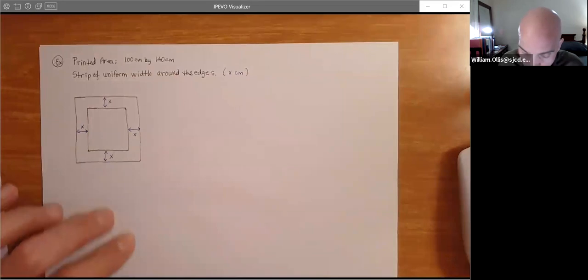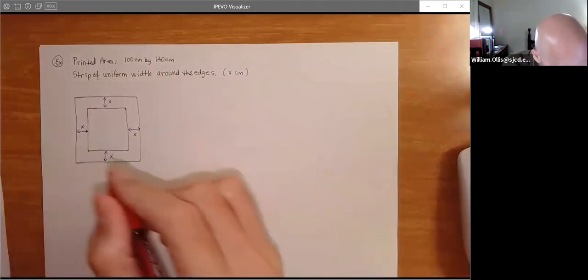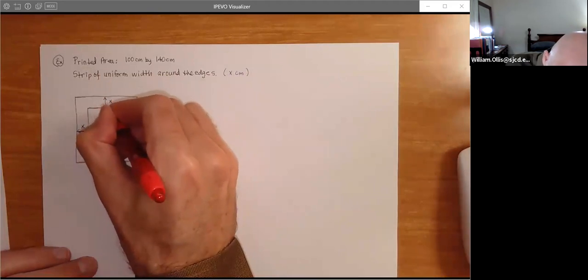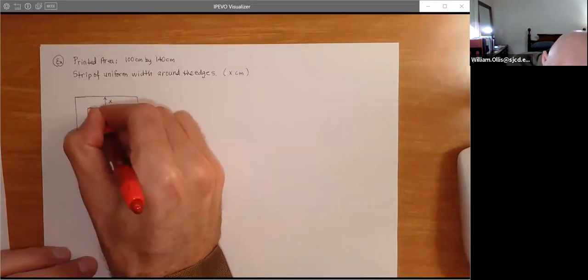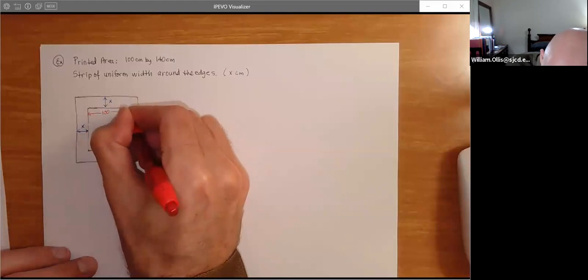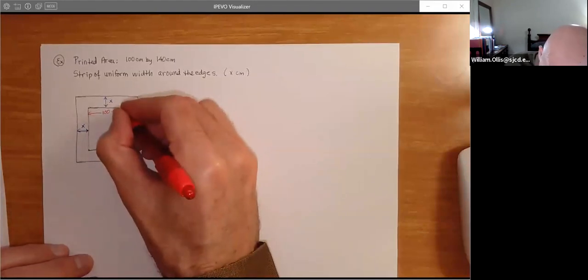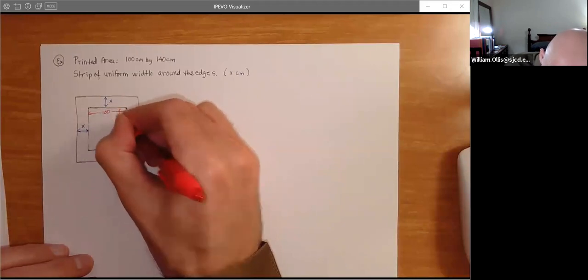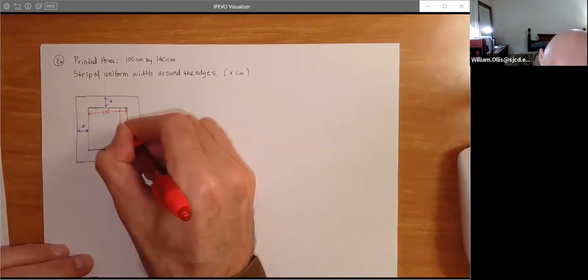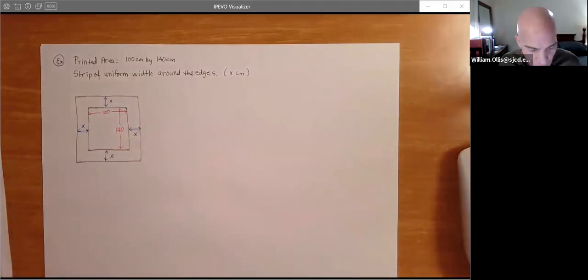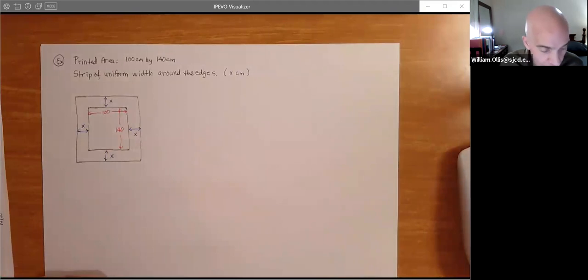And then, of course, the printed area, this is 100 centimeters here, and for this dimension, we have 140. So that's kind of the bare bones of the problem.